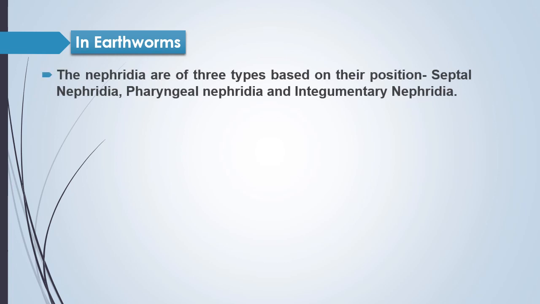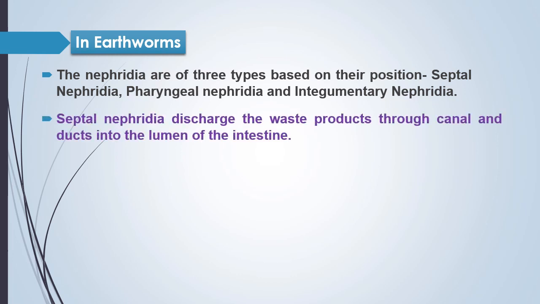Excretion in earthworms. The body fluid of the earthworm is rich in nitrogenous waste that enters the nephridium through the nephrostome and passes into the nephridial tubule. In earthworms, nephridia are of 3 types according to their position in the body.